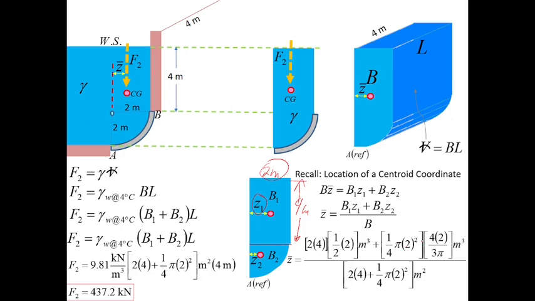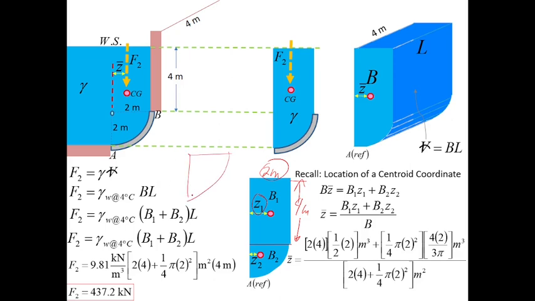So, 1/4 pi, with the radius of the circle being 2 meters. Imagine we have a full circle with a 2 meter radius. Squared, multiplied by Z2, that is the centroid of the quarter circle. I already discussed that before, when I introduced the centroid of a quarter circle.